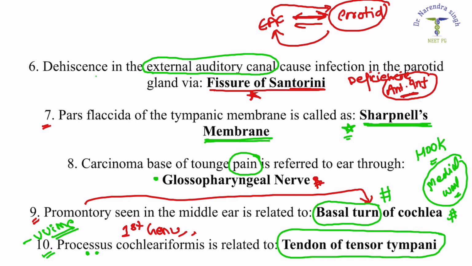So in total we have 3 questions out of processus cochleariformis. It becomes a very important topic in NEET PG preparation, that it is related to the tensor tympani tendon because it takes a turn through the processus cochleariformis. Second, it is present on the medial wall of the middle ear. Third, it acts as a landmark for the first genu of the facial nerve.